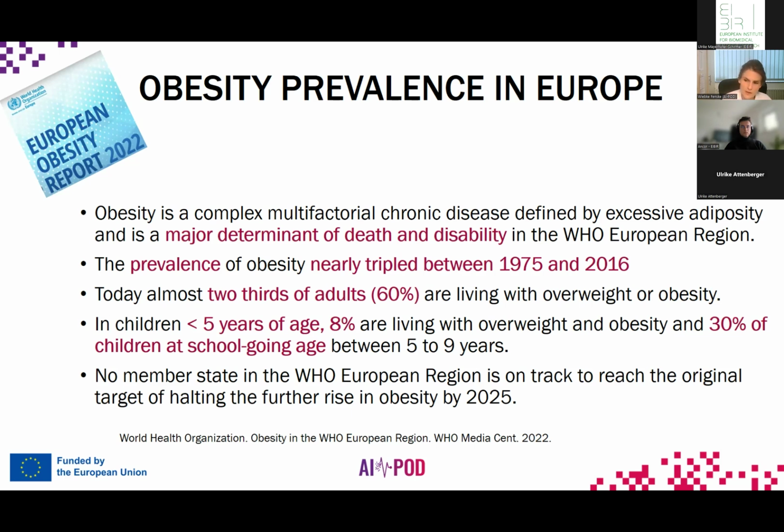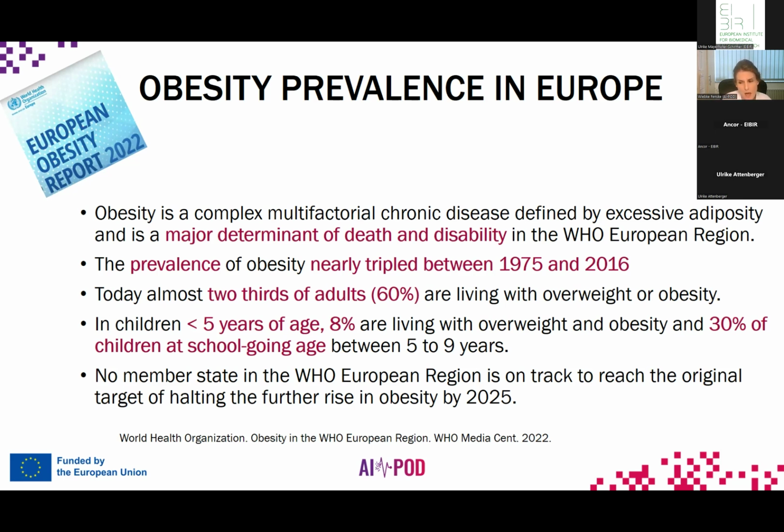Today, 60%, which is almost 2/3 of adults in the European countries, are living with overweight or obesity. Notably, already 8% of our young children at kindergarten age, so below 5 years, are living with overweight or obesity, and every third child at school-going age is affected by overweight or obesity.